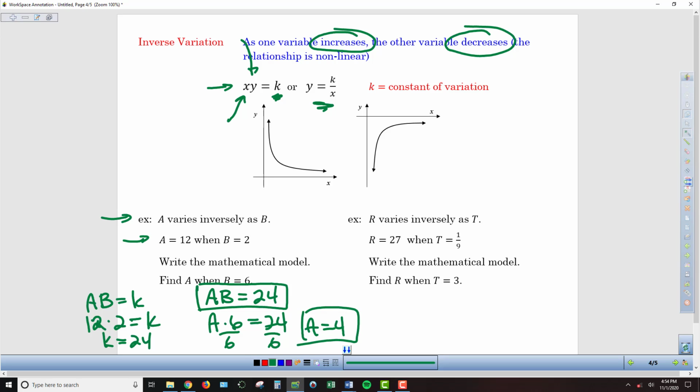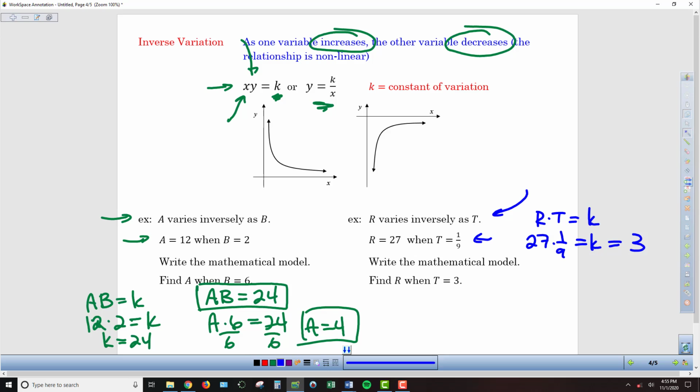In the second example, we again are given explicitly the information about the variable relationship, have to have that there. R varies inversely as T, so I can start with R times T equals K. I've got my given information about the relationship between the variables, so 27 times 1/9 equals K, so that means my constant in this case is going to be 3.